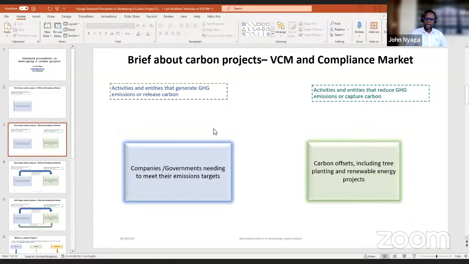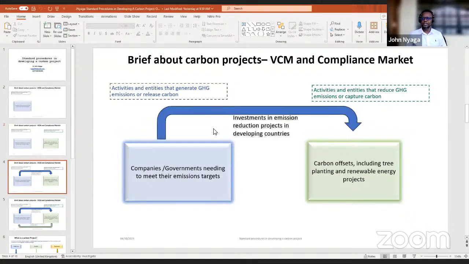And then this carbon project comes along where now the company that needs to meet their emission targets reaches out to the farmer groups or organizations which can plant trees and then provides them with investment. And this investment is aimed at coming up with a project that can lead to reduction of emissions.